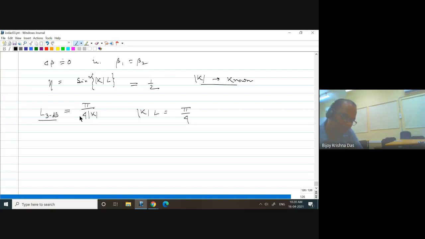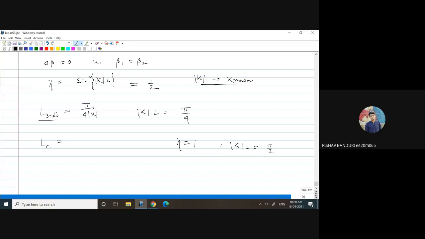Now if I ask you what is LC, the complete coupling to the second waveguide? In that case, for LC you need to have eta equal to 1. That means kappa L should be equal to pi by 2.